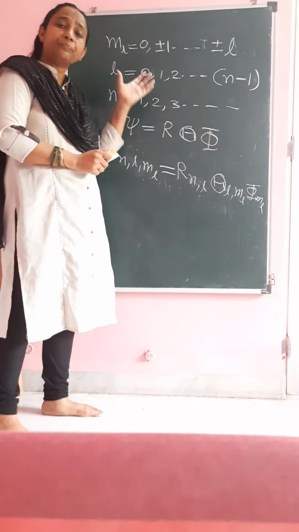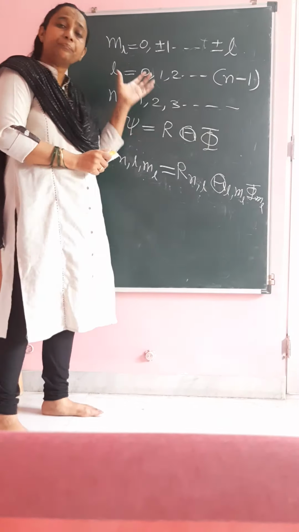Now we are going to see how the values of l and n can be obtained. You know that for the configuration of electrons, we have states like the S state, P state, D state, F state. The corresponding values of l for these states are fixed.